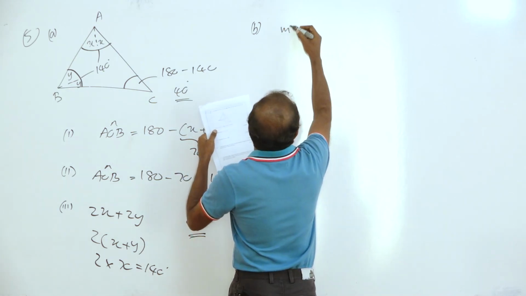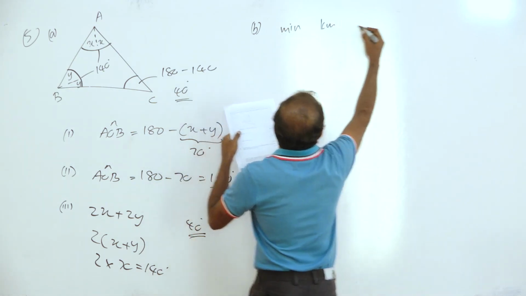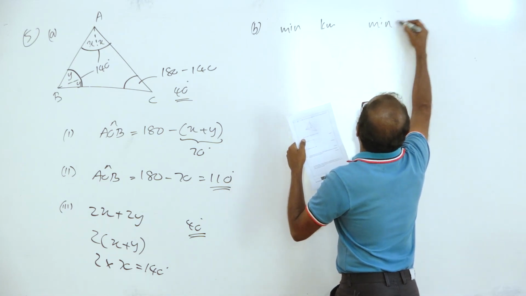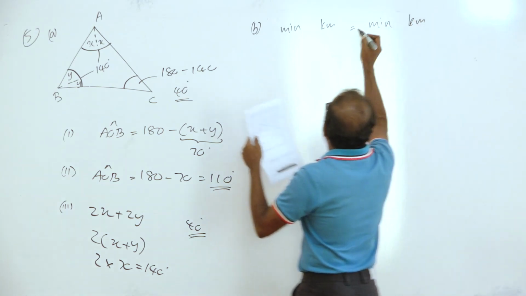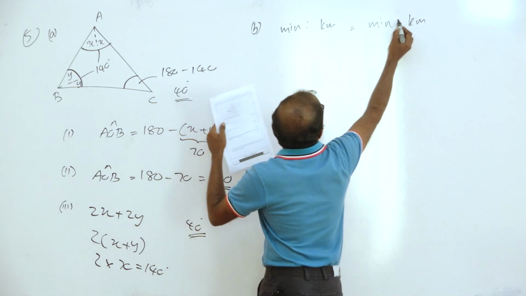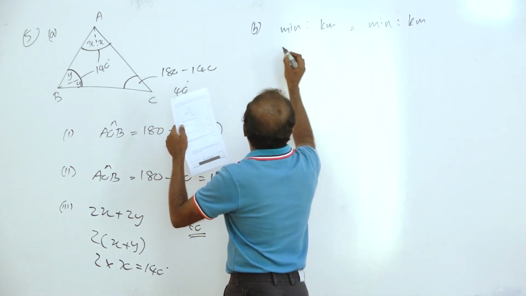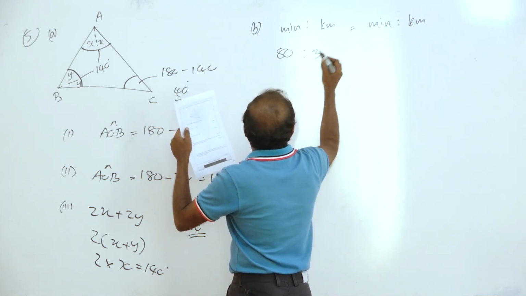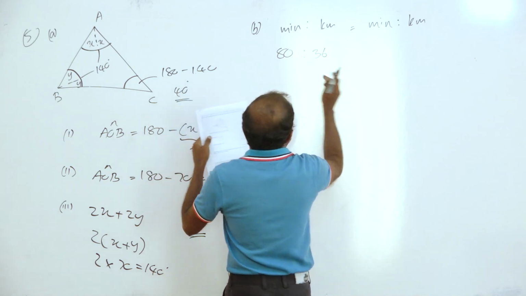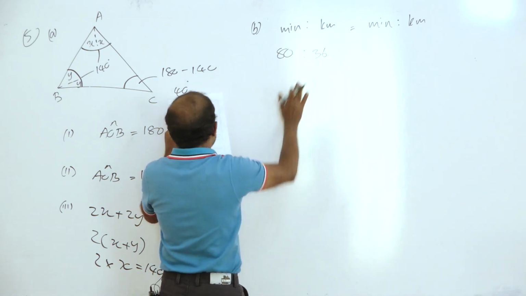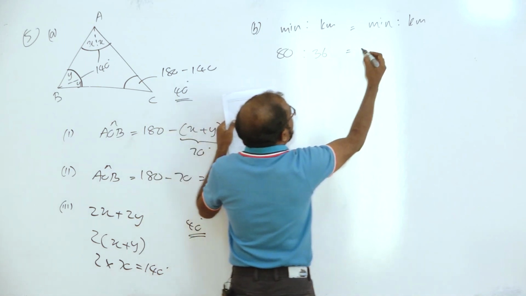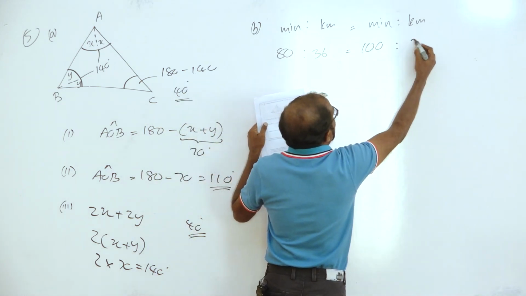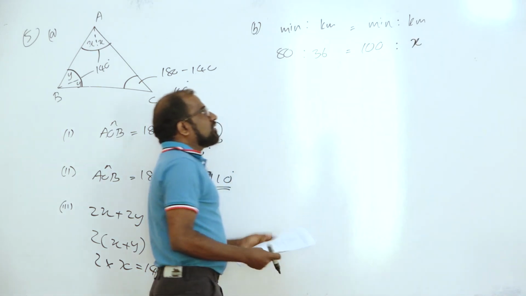We'll write minutes and kilometers. In 80 minutes, it travels 36 kilometers. In 100 minutes, what distance does it travel?